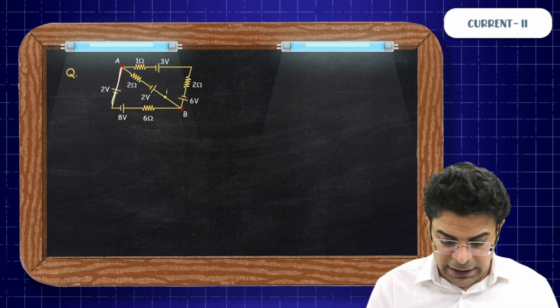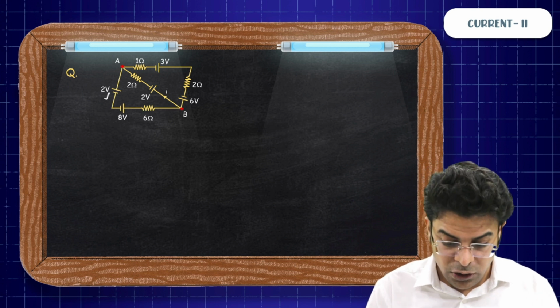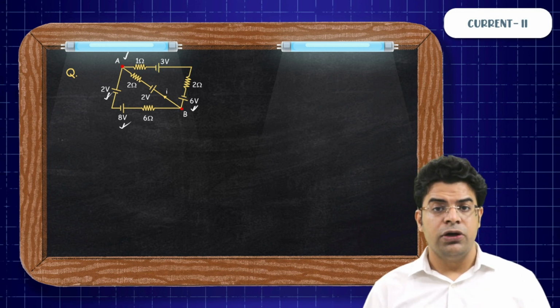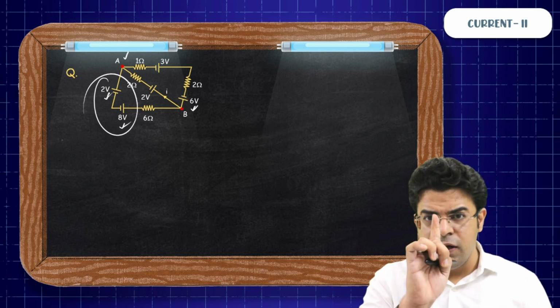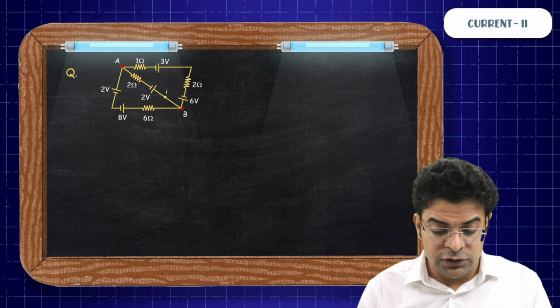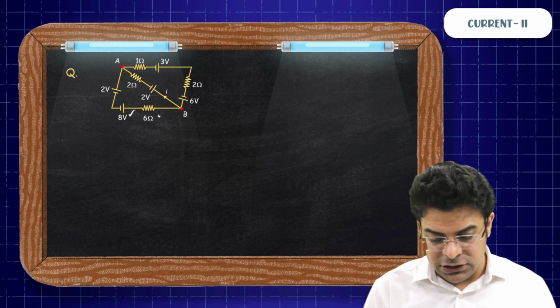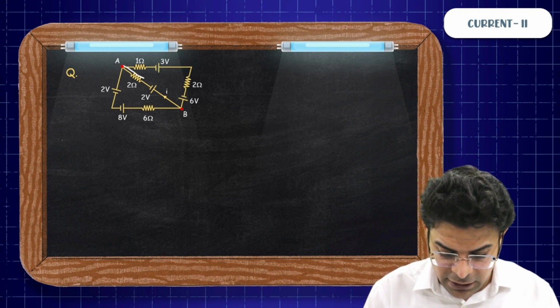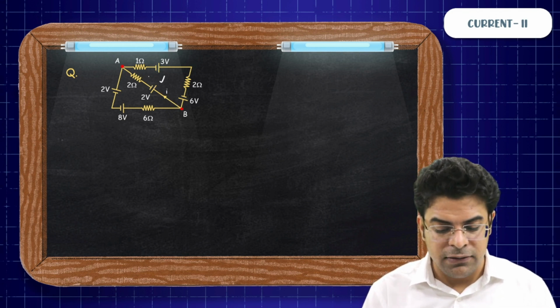In the first line, you have got two cells. 2 volt want A to be higher, 8 volt want B to be higher. So replace these two cells with only one cell of 6 volt which want B to be higher. And there is only one resistance of 6 ohm. Now in this central line, you have got only one cell, one resistance.